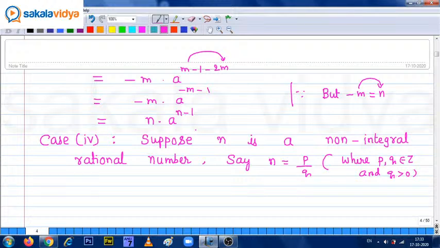Right. So now let us substitute n is equal to p by q in the formula.